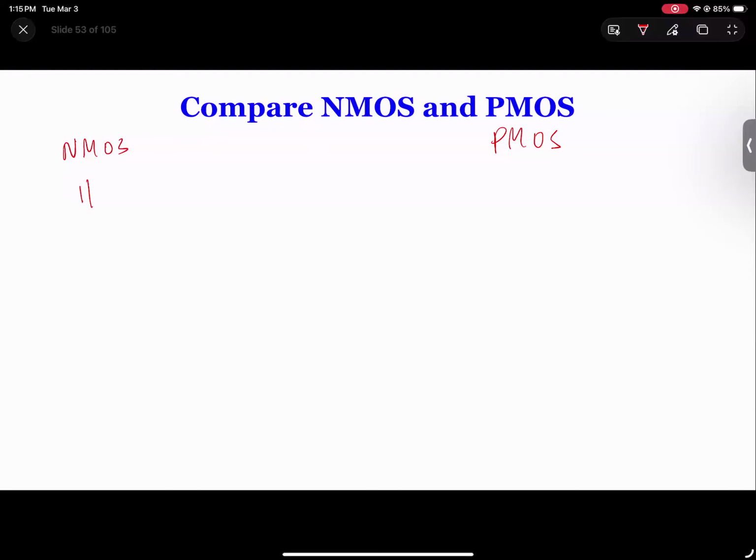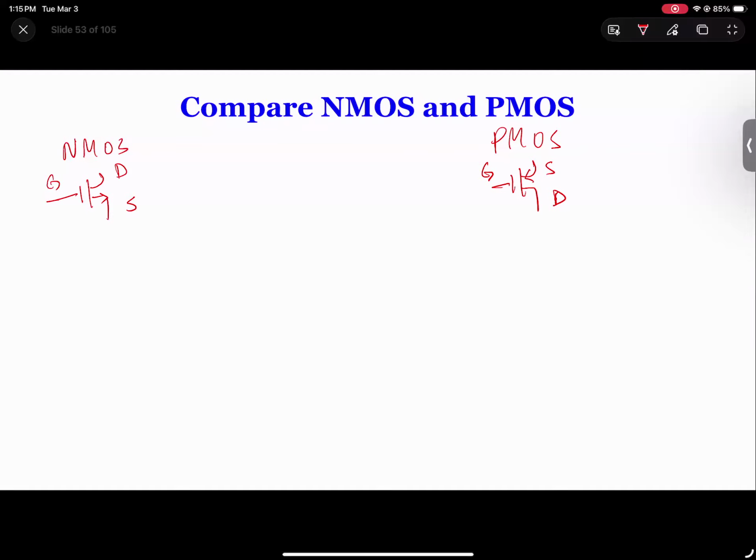The NMOS we have here. With PMOS, you have this is the basic symbol.